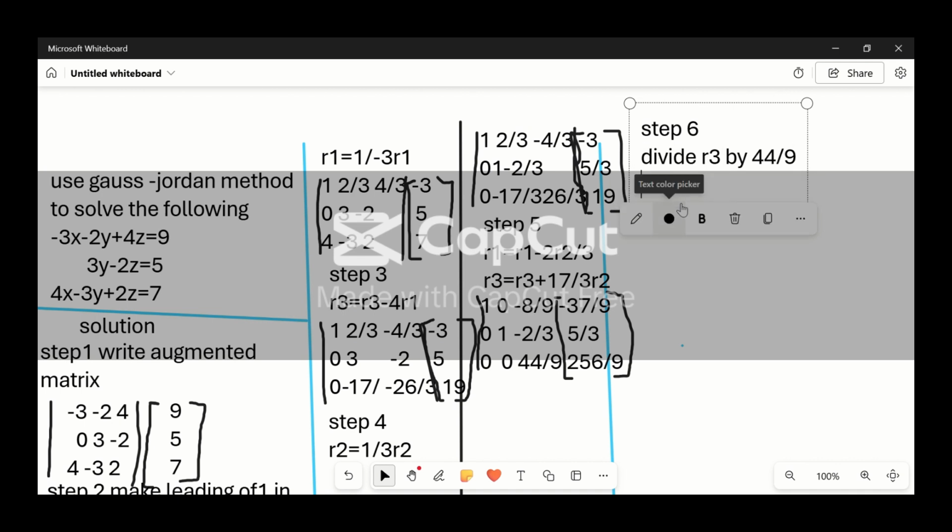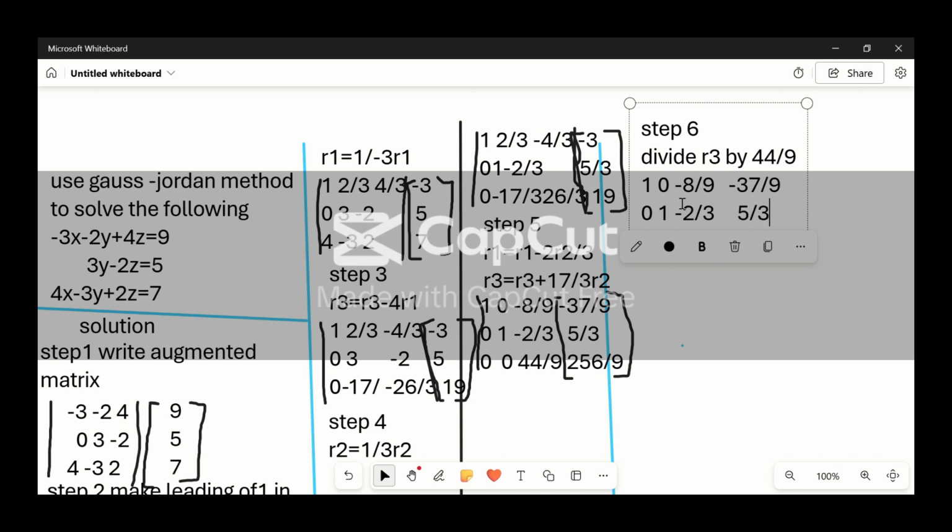The updated matrix will be equal to 1, 0, then negative 8 out of 9, and for the third one negative 37 out of 9. For the second row we're having 0, 1, 0, and negative 2 out of 3, and also 5 out of 3.